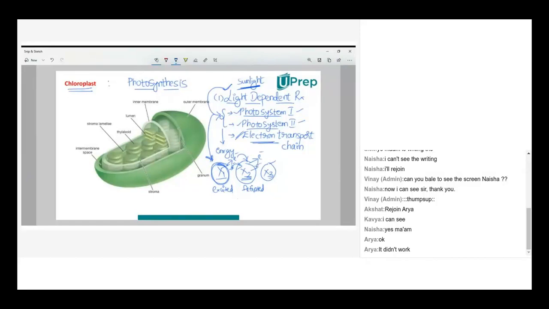These electrons will be taken up by the next molecule, X3. So this kind of electron transport occurs in the form of a chain reaction. That's how energy will be taken up and released. The energy released in this whole process will always be in the form of ATP. That's the basic point. This happens in the light-dependent reaction.